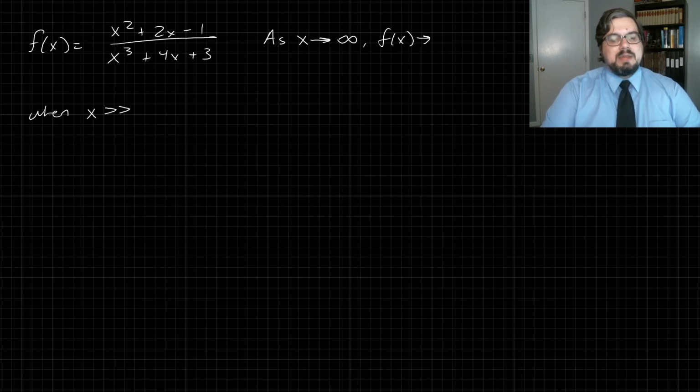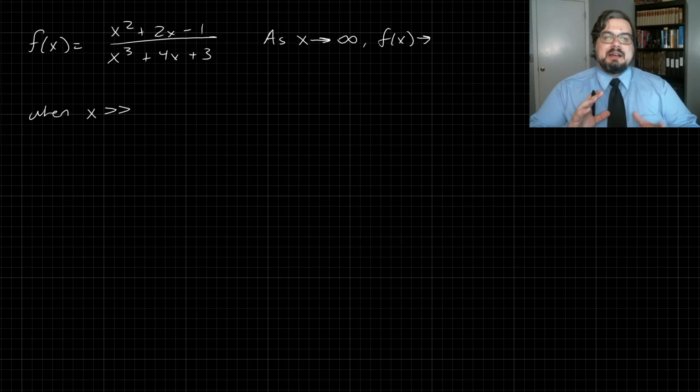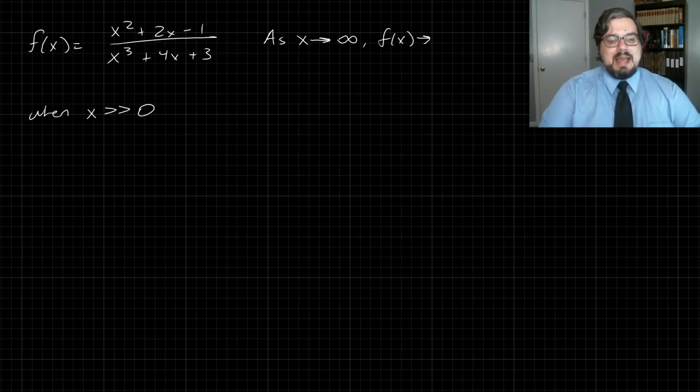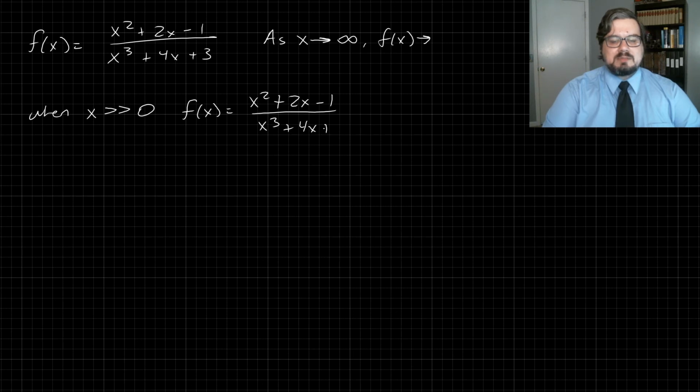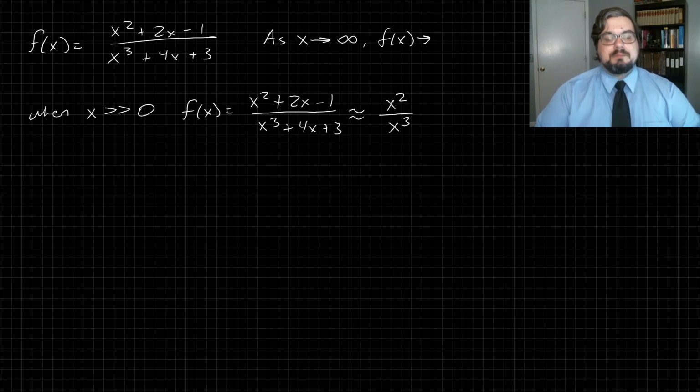We can use some of the same analysis that we did last time, actually. When x is very, very big, f of x, which is x squared plus 2x minus 1 over x cubed plus 4x plus 3, is approximately equal to just x squared over x cubed. This is because when x is very, very large, x squared is much bigger than 2x or negative 1.